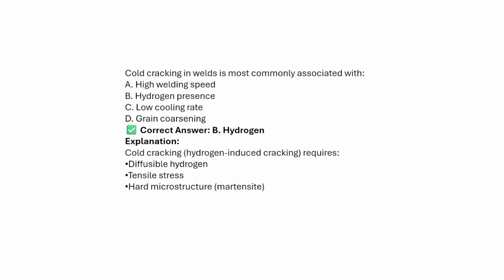Next, cold cracking in welding is most commonly associated with, what is the reason for cold cracking? A, high welding speed, B, hydrogen presence, C, low cooling rate, D, grain coarsening. The answer will be hydrogen.